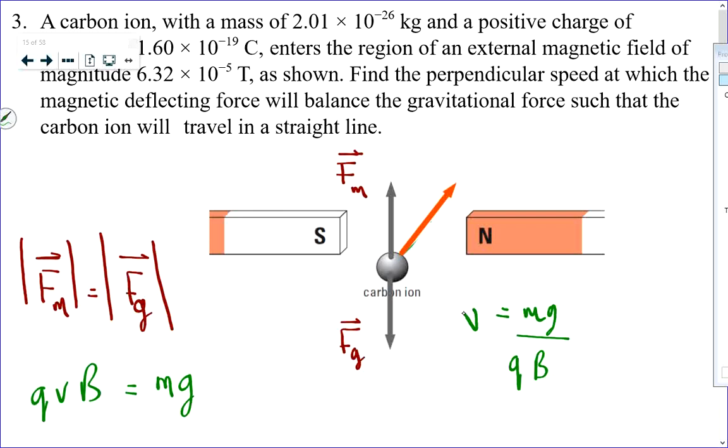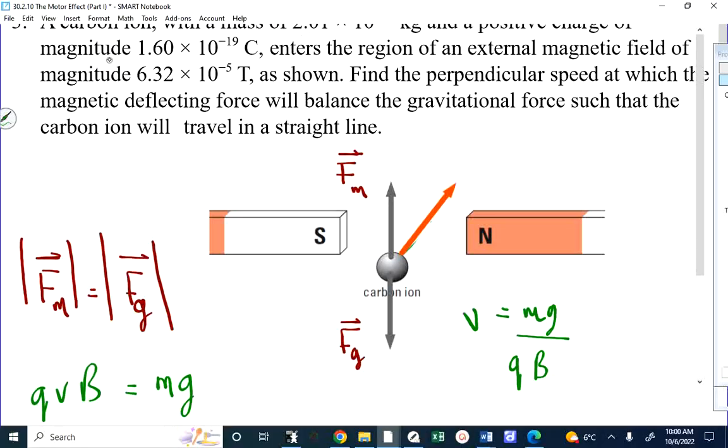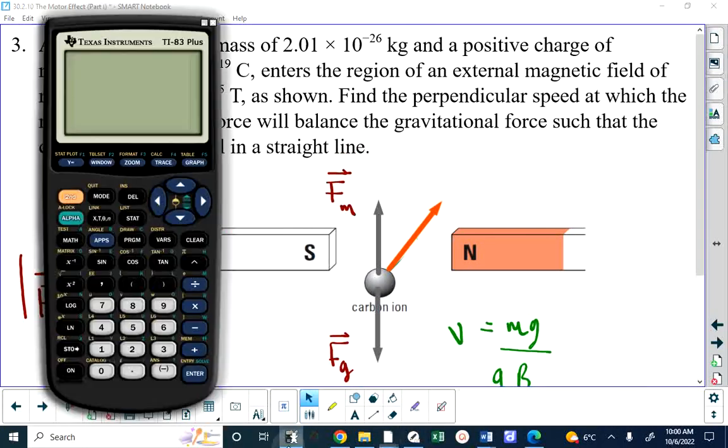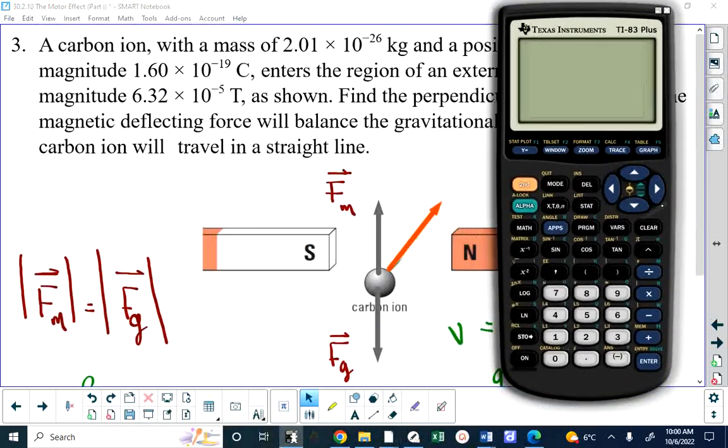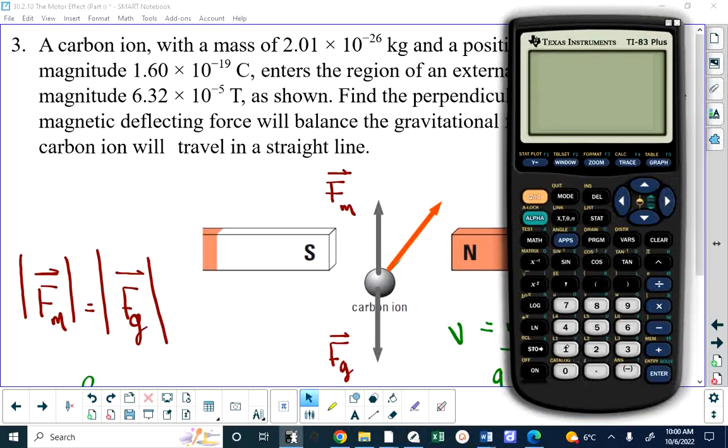If I were doing this, I would take mg, and then I would go divided by q, and then I would also go divided by the magnetic field. So I need to take 2.01 multiplied by 10 to the negative 26 times 9.81 divided by the charge.